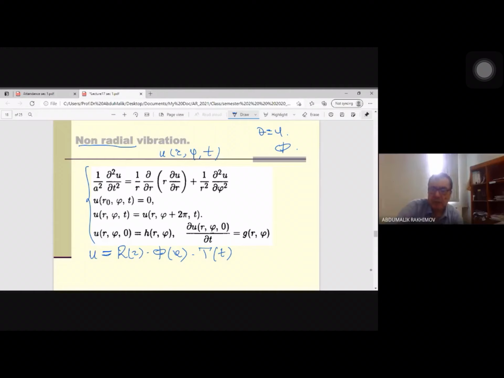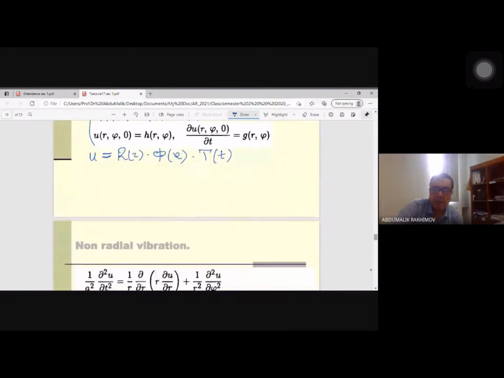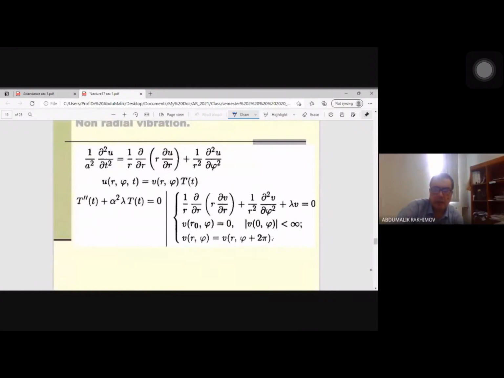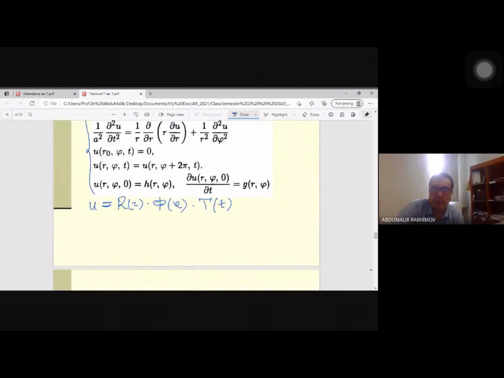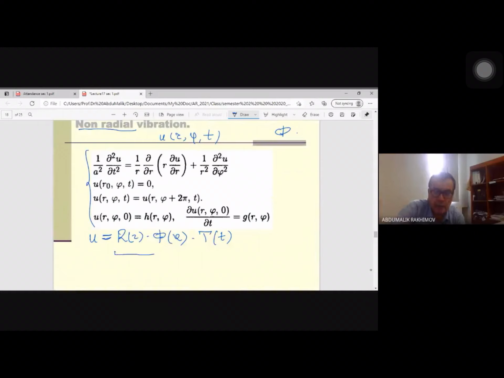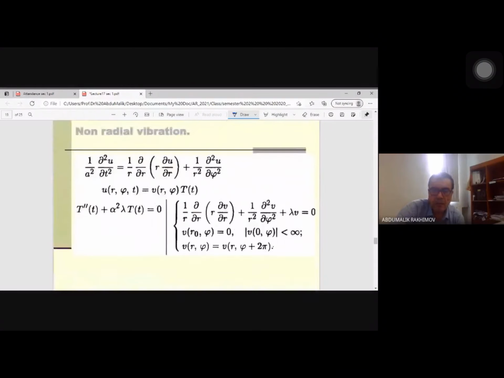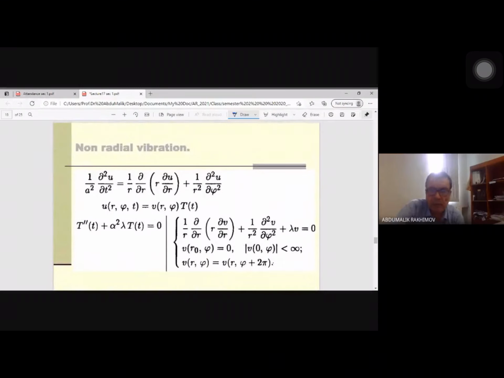When you split this, I will show it here. If we say temporarily that V of r, phi is r times capital R times capital Phi, then you split into two parts.